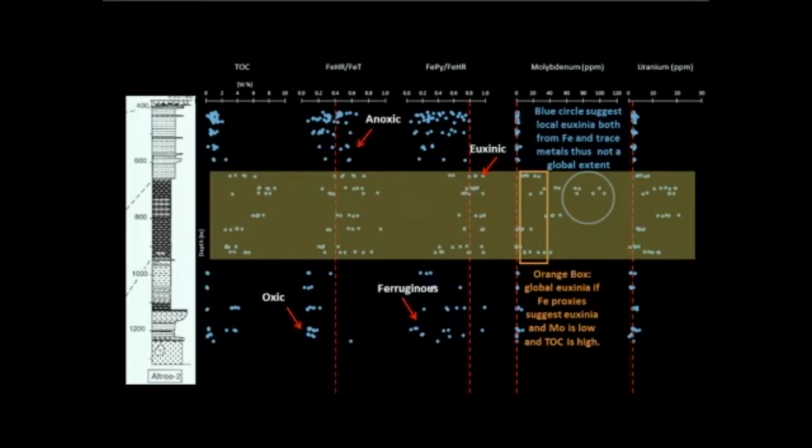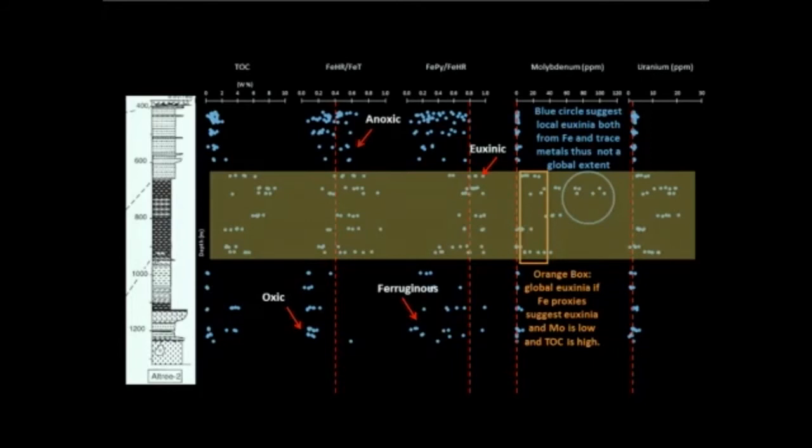So when you develop paleo-inorganic proxies like this, you build a backdrop so that you can look for biomarkers a lot easier. And this is one of the first integrated searches where I combine inorganic proxies so that I can look for molecular biomarkers a lot easier.